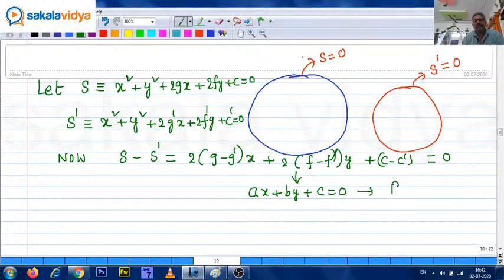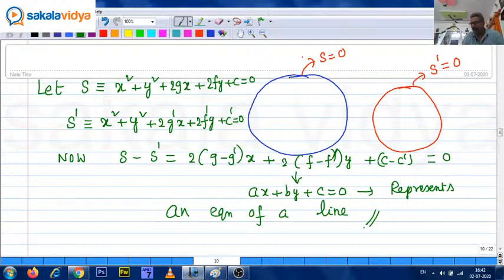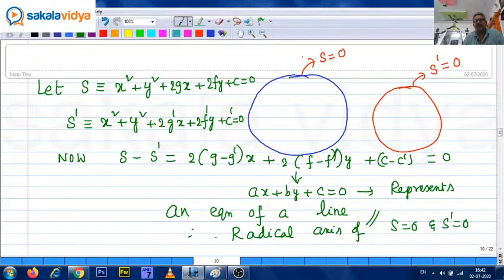So it represents an equation of a line. So now this is called radical axis of S equals 0 and S dash equals 0.